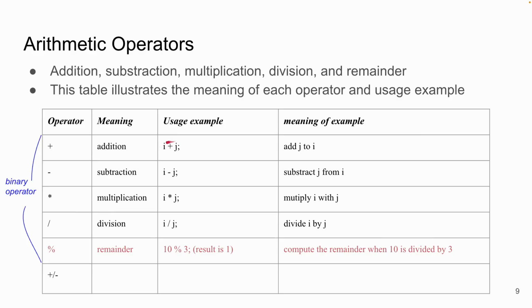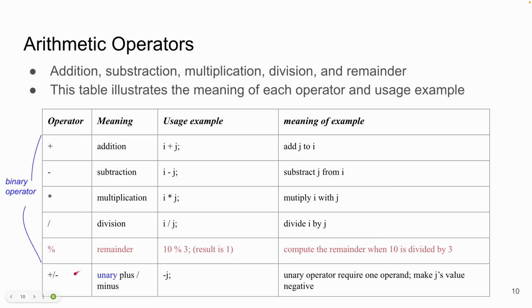So i and j here are operands. In all these cases, i and j are operands. And in this case, 10 and 3 are operands for this remainder operator. So you can see that all these operators need to have two operands, right? The meaning of two is similar to the meaning of binary, right? So that is why we call it a binary operator. It says that this kind of operator needs to have two operands.